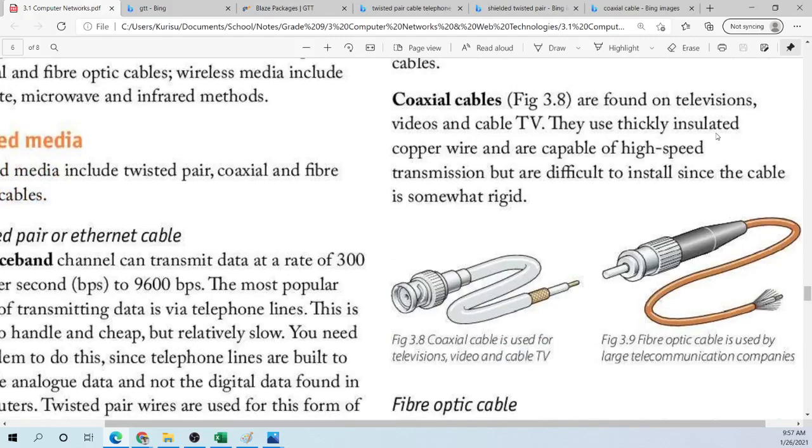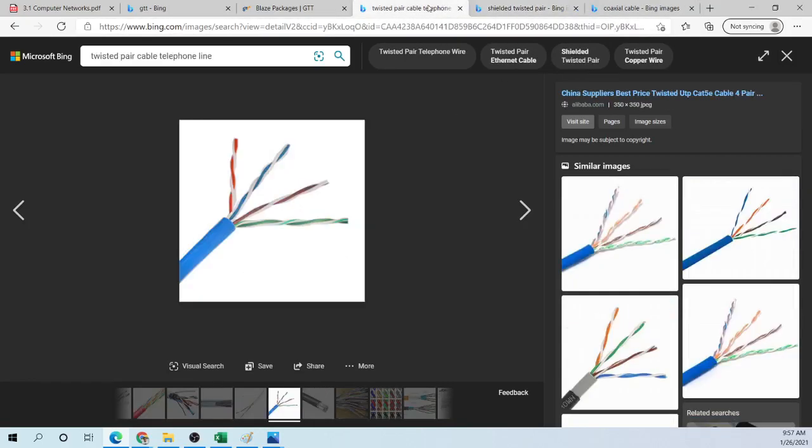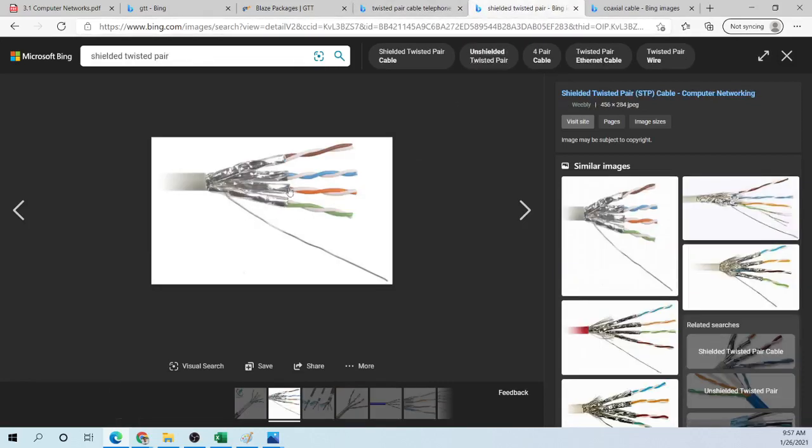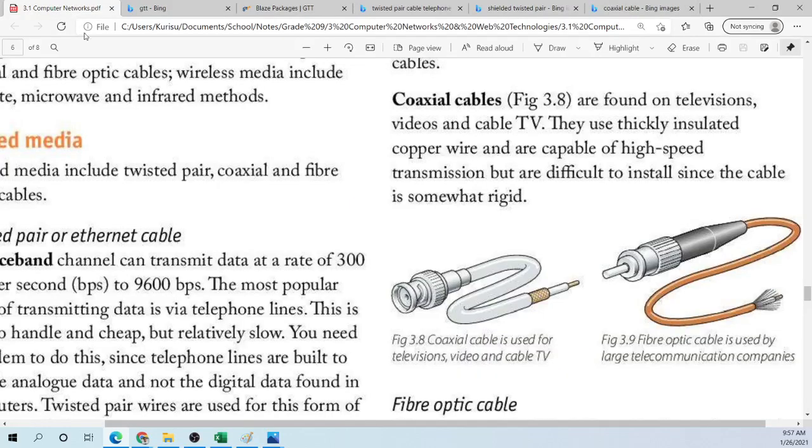Now, it is thickly insulated, as you can see in the image. If you compare that to the Ethernet cable, the unshielded twisted pair, you can see how small the insulation is. But the copper cable has some very large insulation, and because of that, it is difficult to install because the cable is rigid.